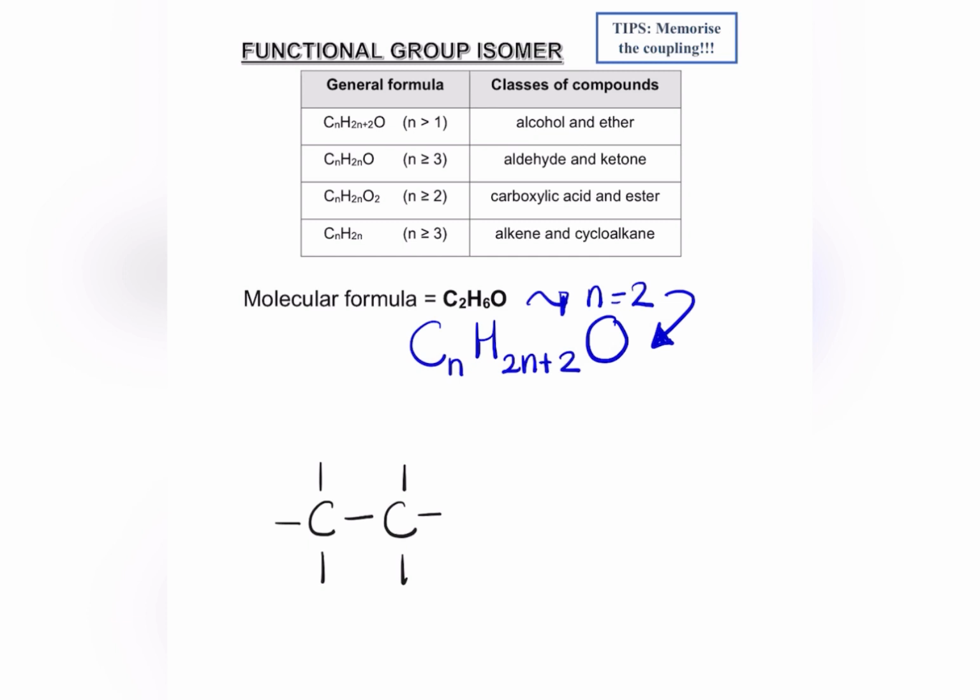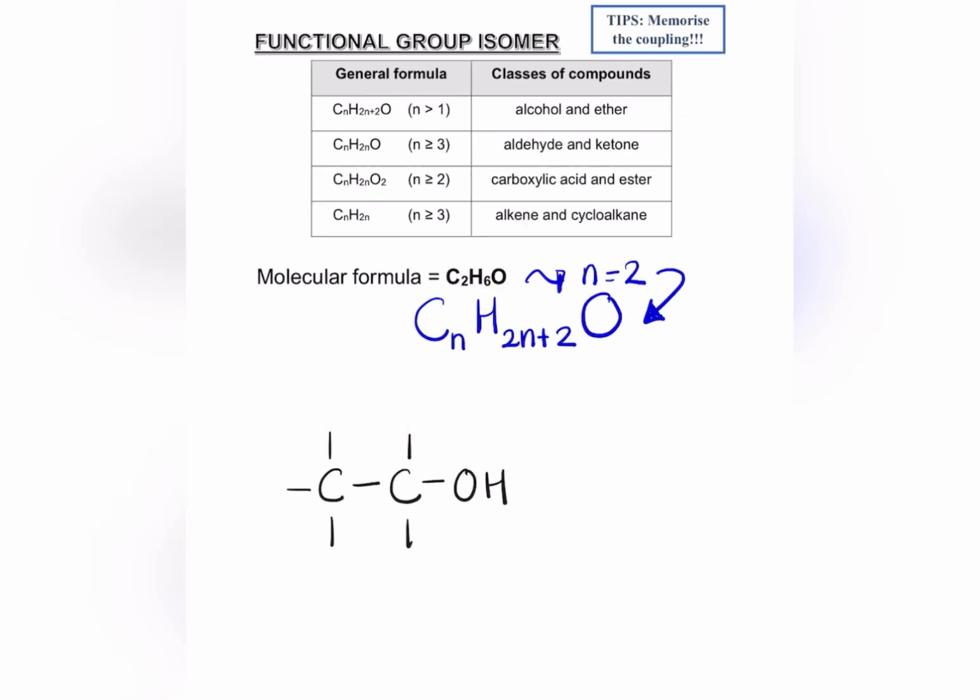So I'm going to draw it here as the OH group, and you have to make sure you got 6 hydrogens attached to the rest of the bonds. But right now you got 1 hydrogen already, so 5 more left: 2, 3, 4, 5, and 6. So this is going to be the first structure for the functional group isomer, alcohol, labeled below as 8.